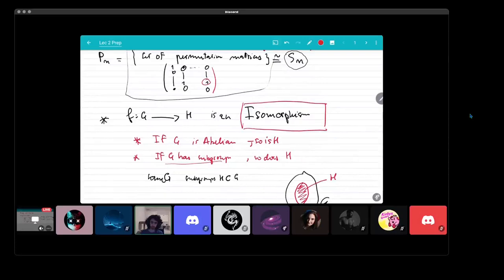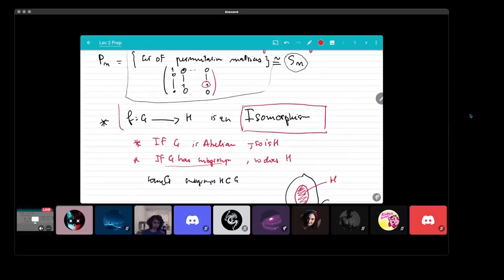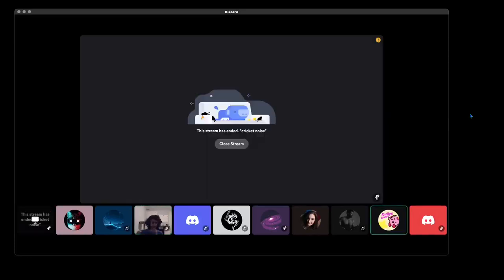Basically, I said that if G has subgroups, then so does H. But if we define H to be the subgroup only containing the identity, then that wouldn't have any subgroups. So wouldn't that be a counterexample?